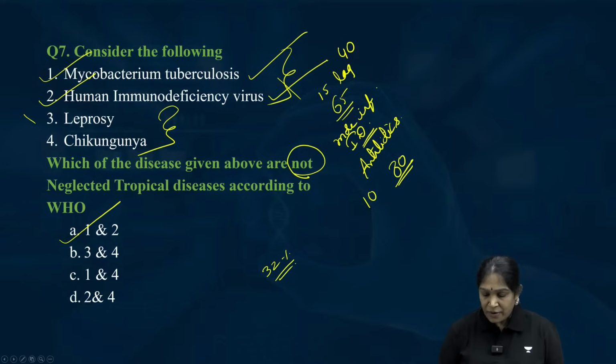That's all about the 7th question, and the answer is A. Statements 1 and 2 are not the neglected tropical diseases.